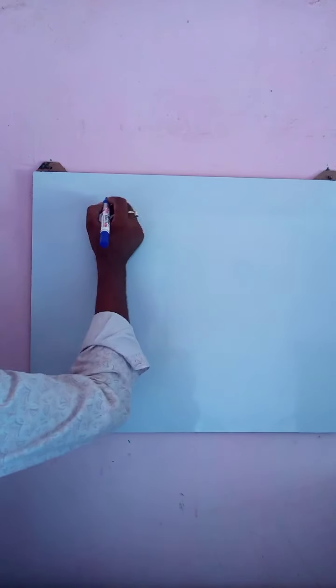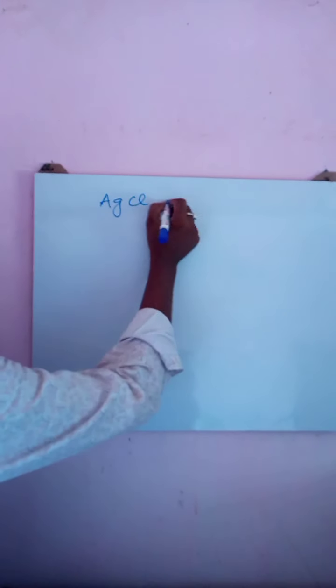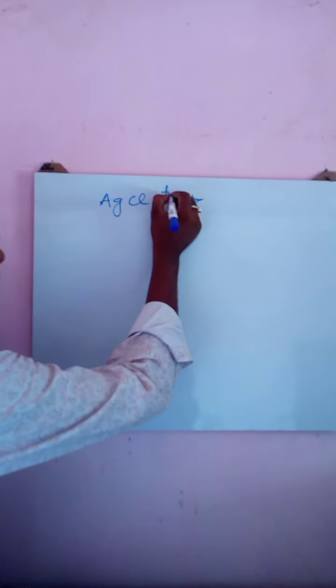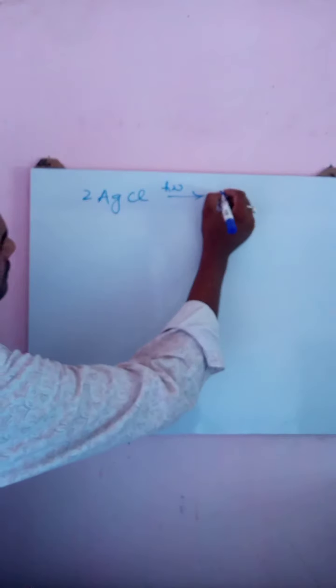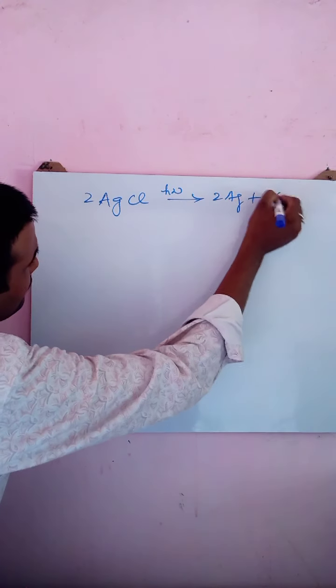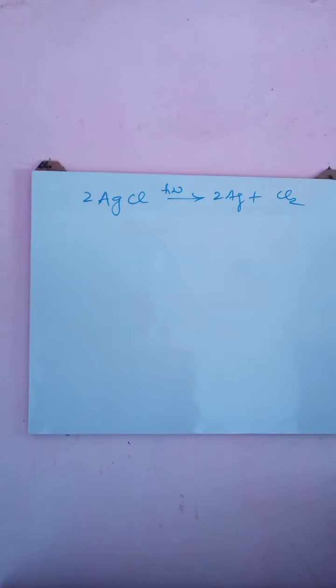When light energy is used as a source of energy to perform the reaction, it is known as photochemical reaction. Let's see examples of photochemical decomposition. Silver chloride undergoes decomposition in the presence of light energy to produce silver plus chlorine, Ag plus Cl2.